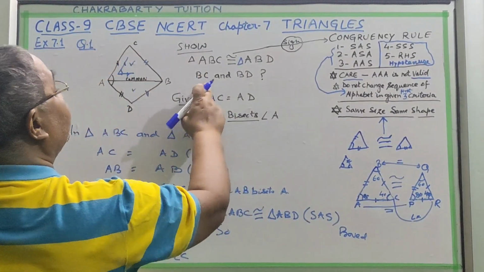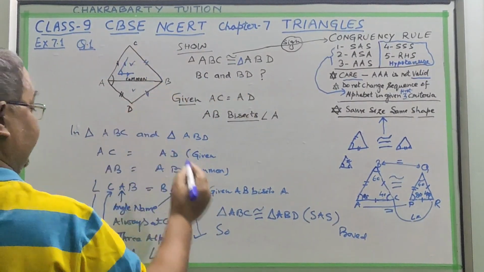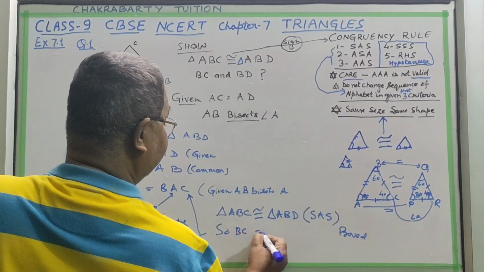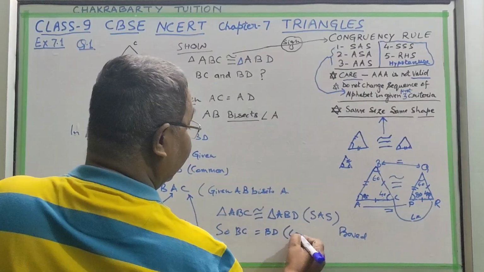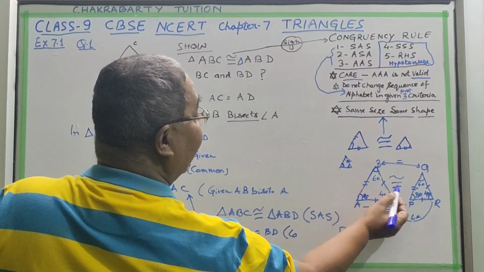So BC and BD will also be equal. Why? Because they are corresponding parts, this side and this side.